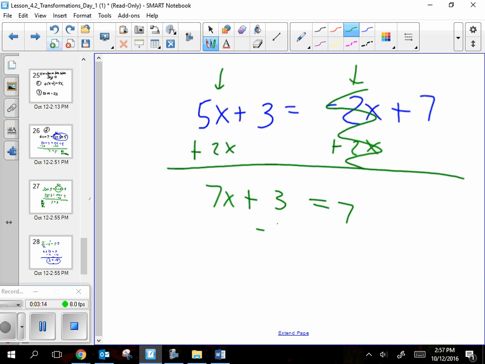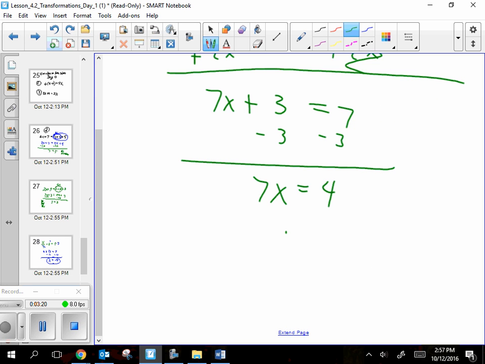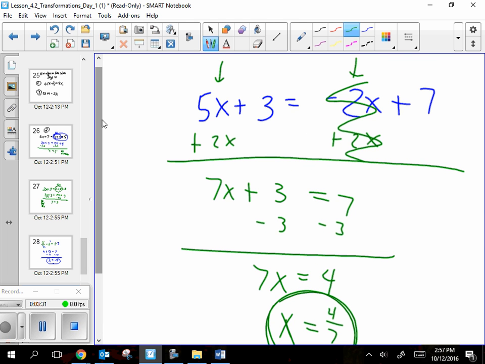Now I'm subtracting 3 from both sides, and I get 7x equals 7 minus 3 is 4, and therefore x is equal to 4/7. Just had to divide by 7 on both sides. So again, the process is you are trying to get so that you have variables on only one side. So you get rid of the smaller of the two variables.